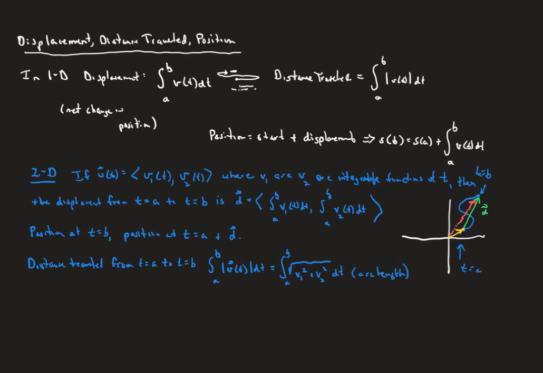That red vector then would represent our position at time b, which is the sum of our original position, the yellow one, plus the displacement vector, the green one. Kind of a visual representation of that. Okay, so let's see if we can actually work an example here.